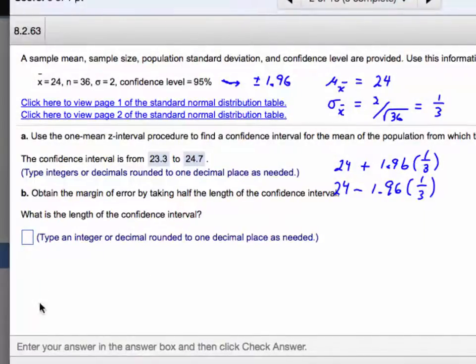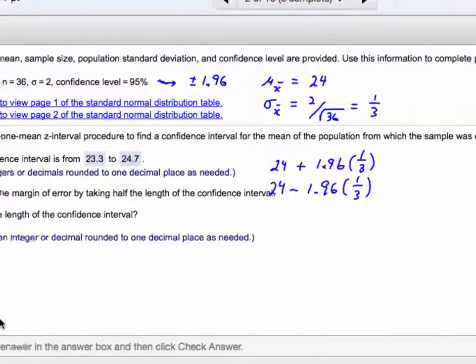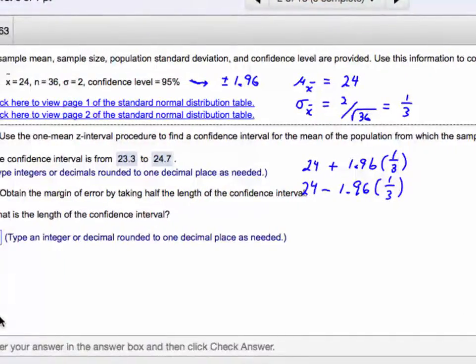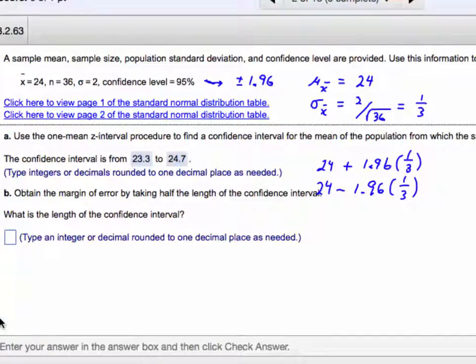Okay, and maybe this was where the confusion was. It says obtain the margin of error by taking half the length of the confidence interval. So remember that our confidence interval looks like this. And here's our 24, and here's our 24.7, and here's our 23.3.